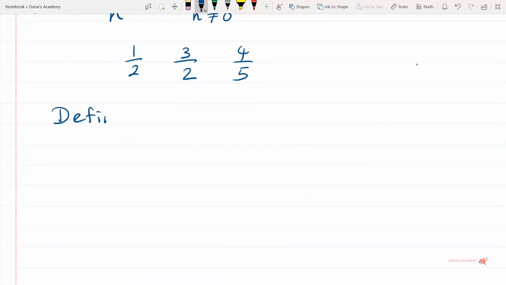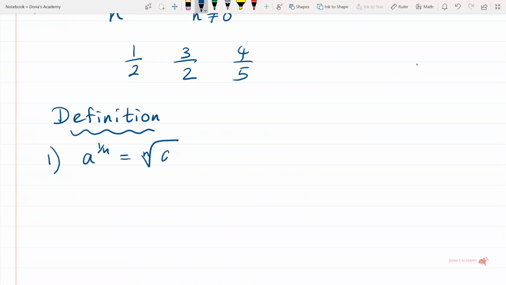First, a to the power 1 over n is the same as the nth root of a. However, this should be a real number. We know that for some numbers, for example the square root of a negative number, it is not defined, it is not a real number. For that, we don't have this kind of definition. As long as this is real, we can have this definition.